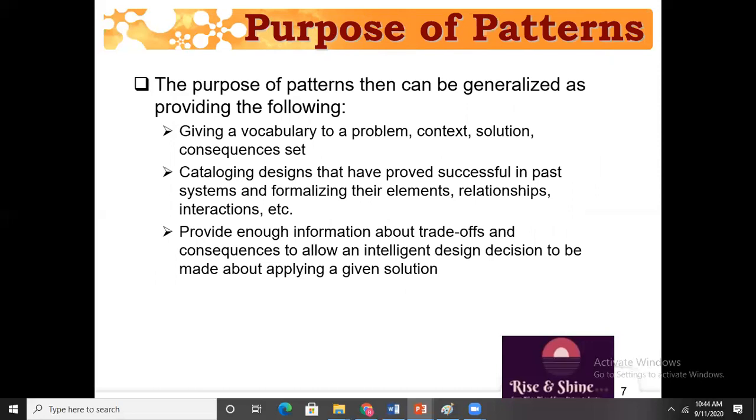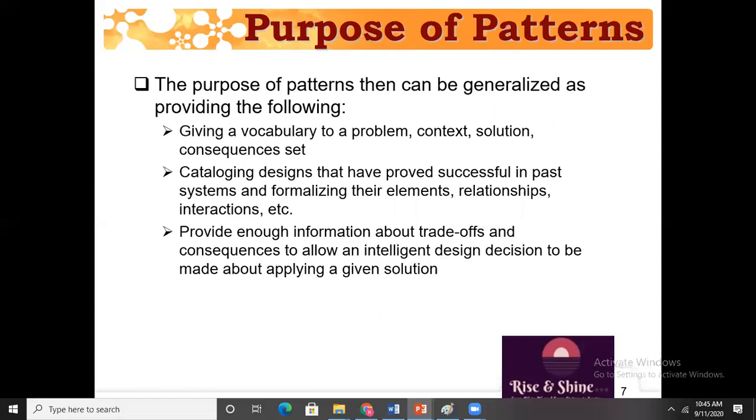So again, what are the purposes of this pattern? The purposes of this pattern can be generalized as follows. The very first purpose of a pattern is that there is a common vocabulary, in terms of problem, context, and solution, as well as whatever consequences come with that solution.